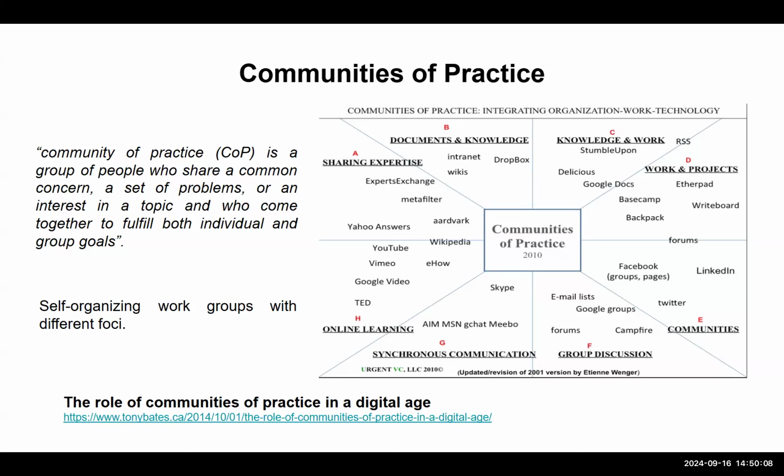These are various open source and internet technologies like Facebook, LinkedIn, Google Docs, Dropbox, Yahoo Answers, the TED Talks, Skype. So there is a real diversity of technologies, but you notice that with Skype, it's in this category of synchronous communication, whereas Wikipedia straddles the line between sharing expertise and online learning.